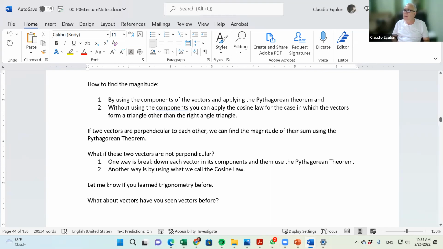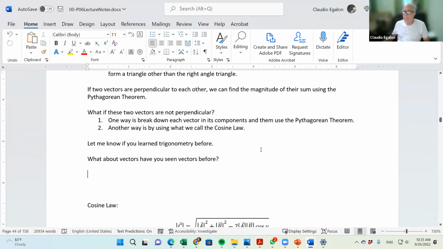Okay, Mia didn't see it. Daisy saw. Is that right, Daisy? You saw vectors before? Okay. I usually cover vectors in this class, but I don't cover trigonometry. Okay, good. Thank you all.